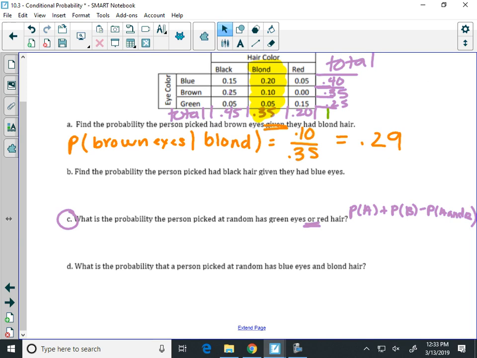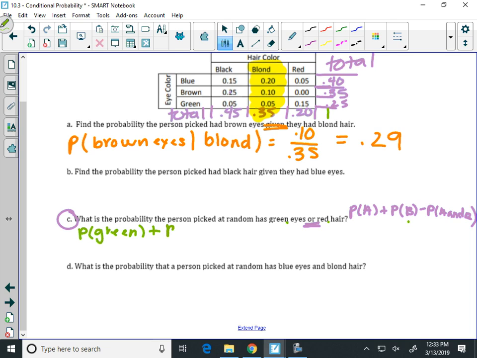So let's think. What's representing our A? The first thing they told us was green eyes, so probability of green, plus the second thing, which was red hair, so that's the probability of red, minus the probability of both things, having green eyes and red hair, whenever you see the word or.